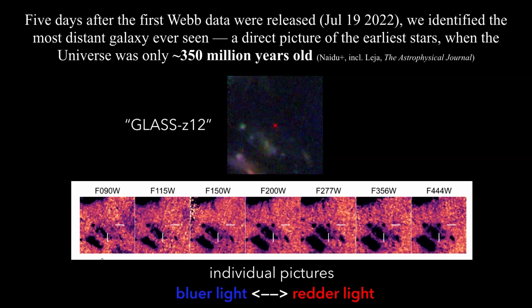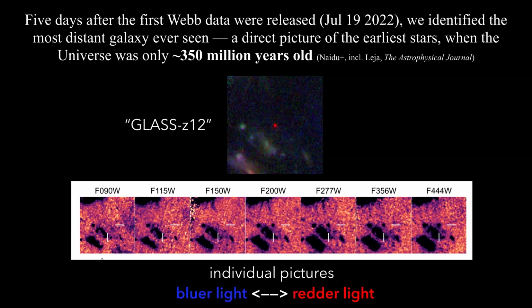And so Webb immediately started breaking records. Five days after the first Webb data were released, July 19, 2022, we identified the most distant galaxy ever seen. We broke the distance record right out of the gate. Here, this is a bunch of different pictures.